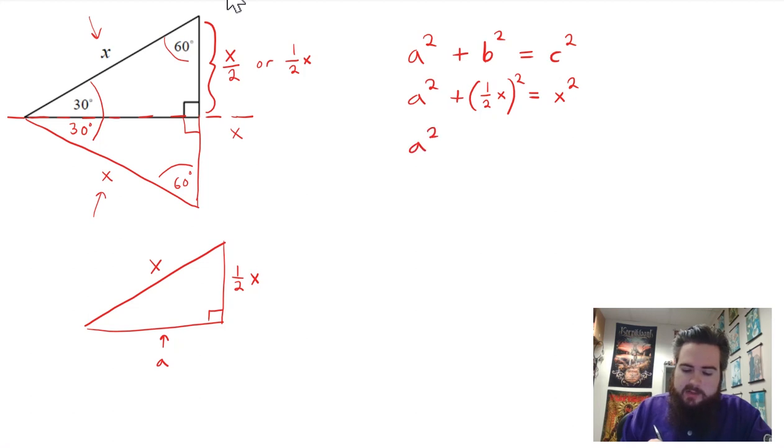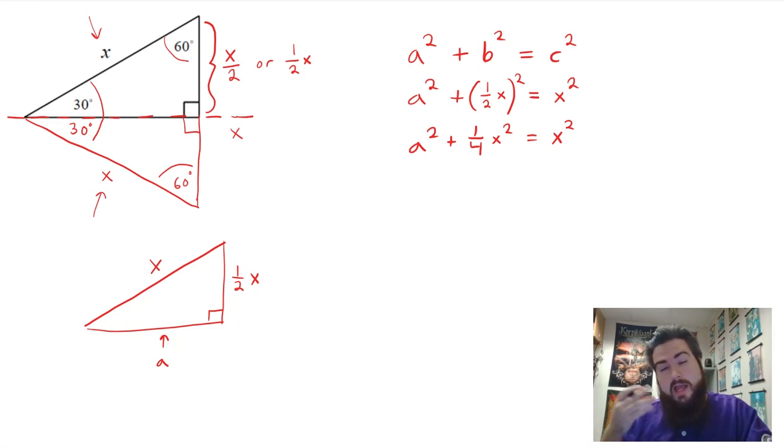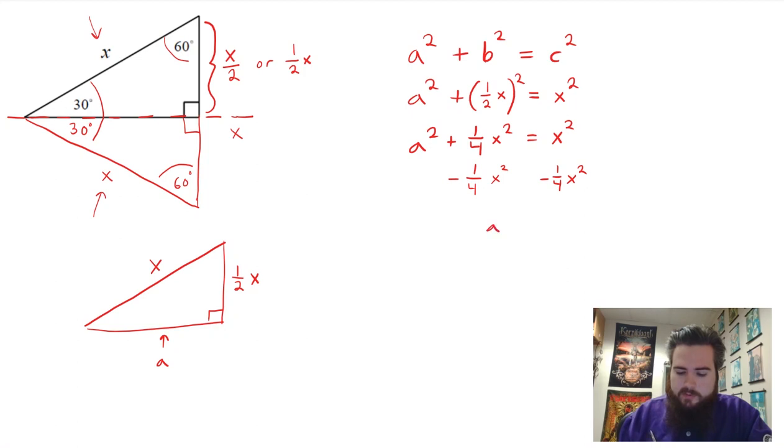That will give me a squared plus 1/4 times x squared equals x squared. And again, trying to solve for a here, I can move the second term over to the right by subtracting it, which will give me a squared is equal to 1x squared minus 1/4 x squared is 3/4 x squared.